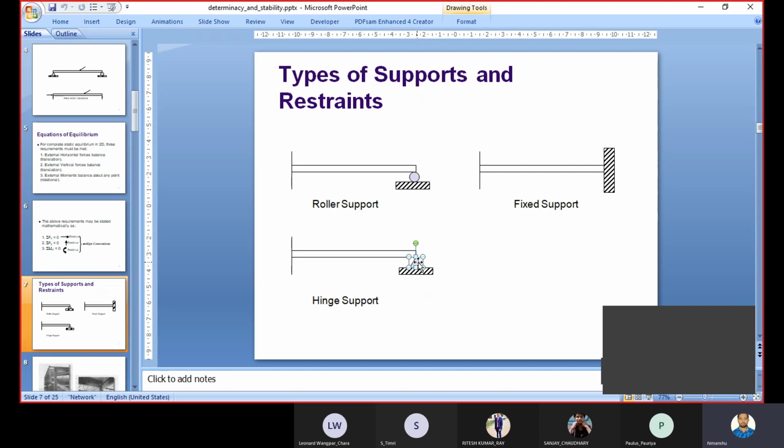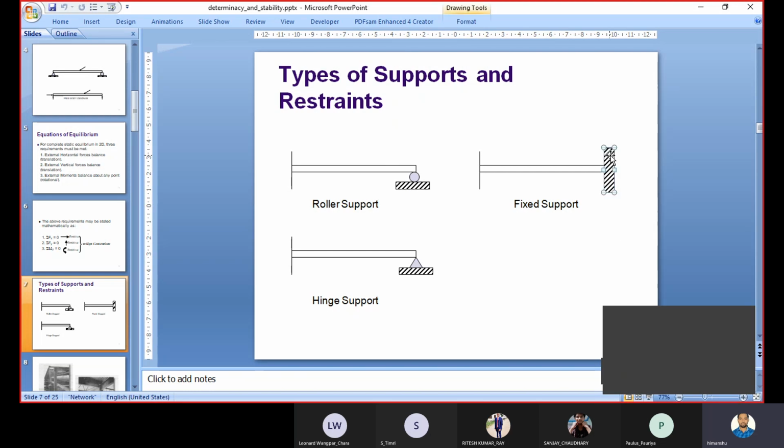But here in roller support and hinge support, there is no such movement. In roller support, there will be only vertical forces, and in hinge support, there will be only horizontal and vertical forces.